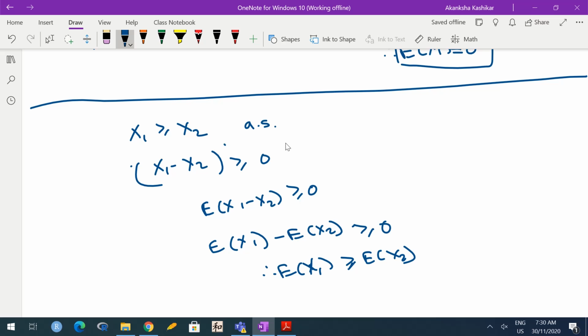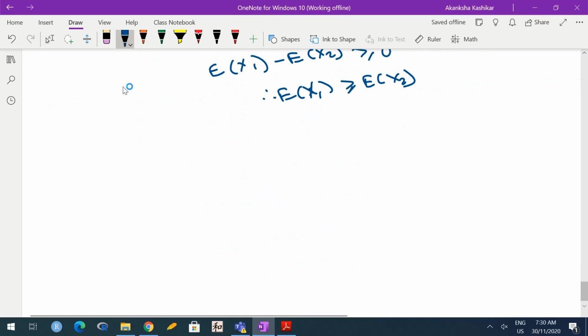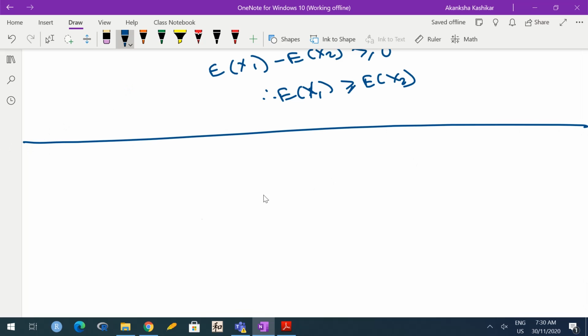Next result is x1 is integrable if and only if mod x1 is integrable. Now, we will go back to the definitions of x1 and mod x1 in terms of their positive and negative parts. We know x1 can be written as x1 plus minus x1 minus, and mod x1 can be written as x1 plus plus x1 minus. Expectations are also defined from these things.